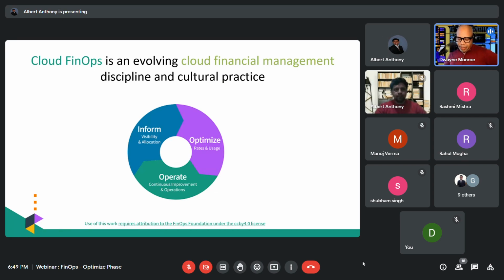So as Albert mentioned, in the previous webinar that we participated in, we talked about the inform phase, which is having visibility into the sources of cloud spend. That means using either built-in tools, for example on Azure, the Azure Cost Management tooling, which is quite good.